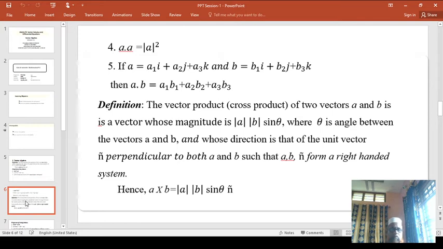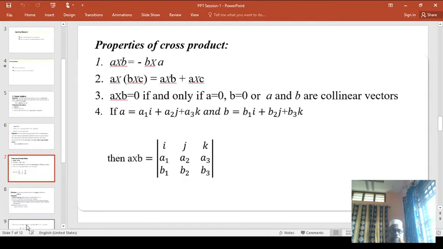Hence a cross b is mod a into mod b sin theta into n. So that is the difference: in a scalar product there is no direction i, j, k, but in vector product it has a direction.